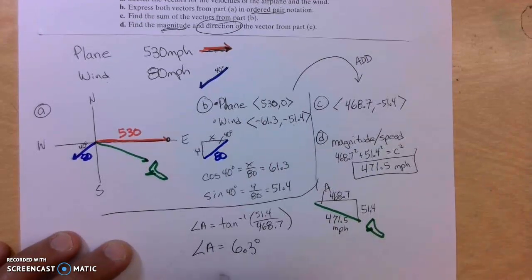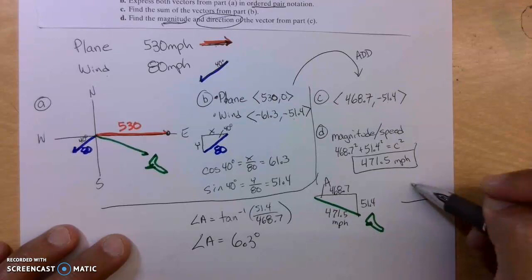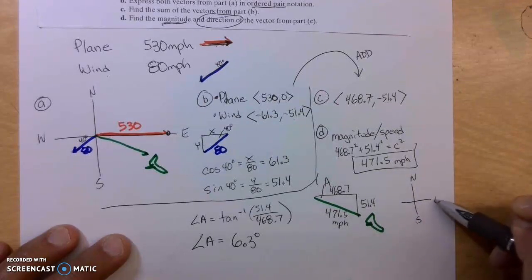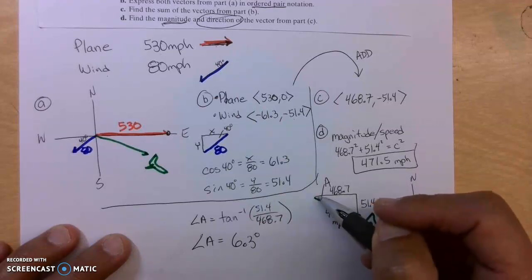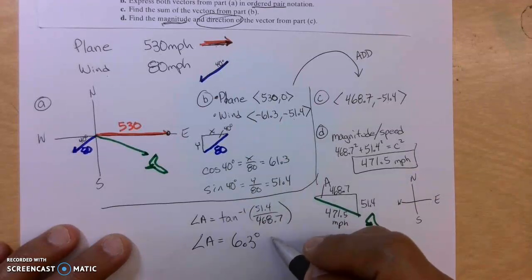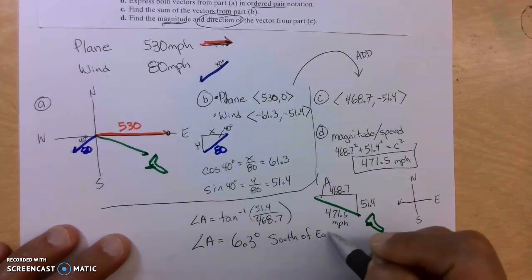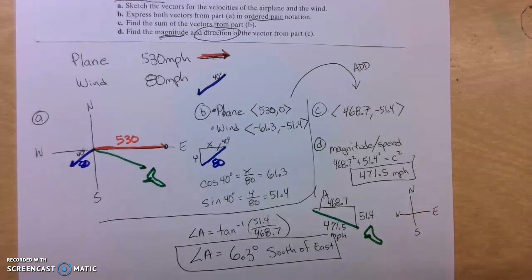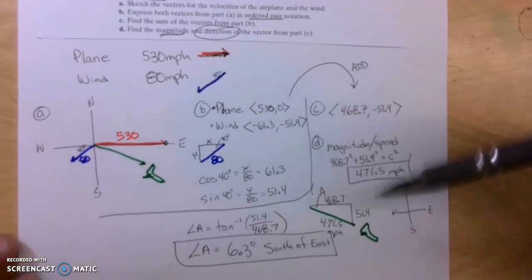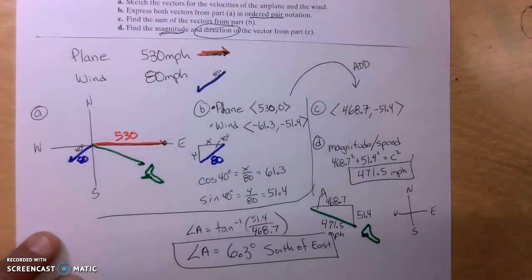So the direction is 6.3 degrees. Here's north, south, east, west. He's going south of the east line, 6.3 degrees south of east. And that is the direction of the actual plane path, fighting the wind. This is his end result. And that is 41.